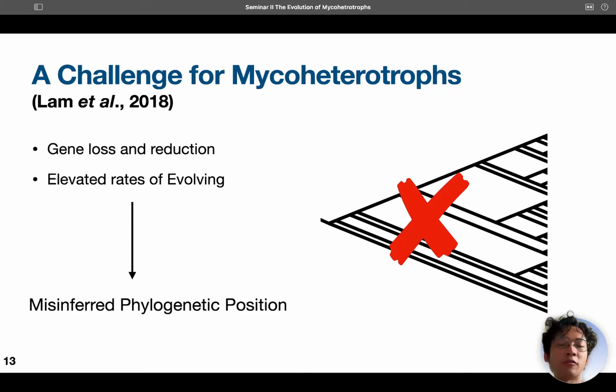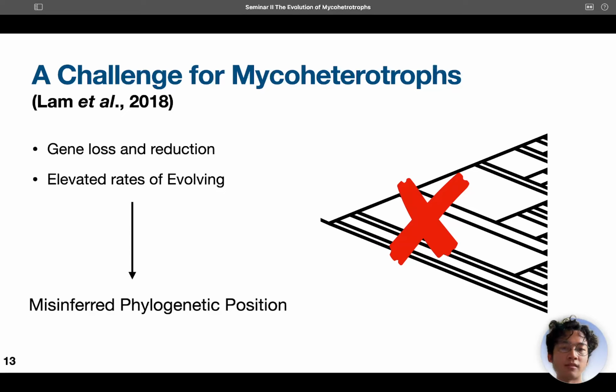Because in mycoheterotrophic plants, they evolve pretty quickly in the plastome, because it's not vital for the plant to conserve these sequences, because they don't do photosynthesis anymore.